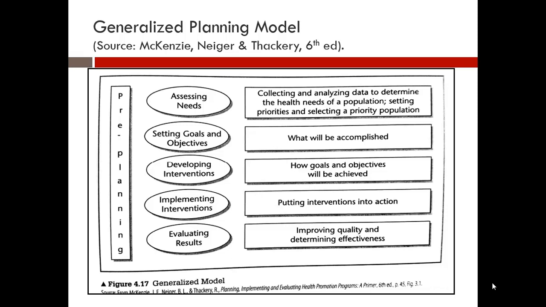And hence, I want to show this generalized planning model in which you see, and we're really focusing on the circles, or the ovals in fact, in which you first assess needs, you set goals and objectives, you develop and plan for the intervention or the program, and then you implement, you actually put it into action, you run it, and you end up with evaluation. So whether it is the models I've just talked about, or this generalized model, or the model I will talk about, which is PRECEDE-PROCEED, it really follows all of the same types of patterns.